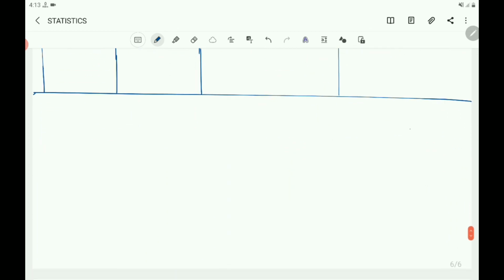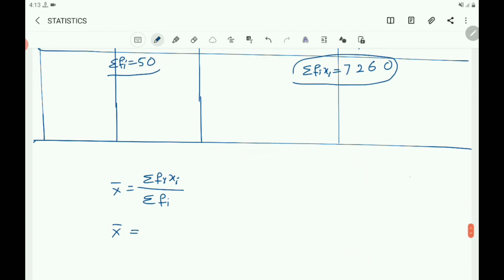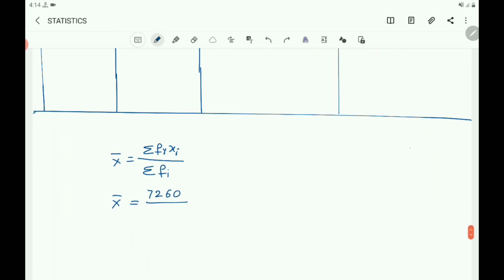Then you write the formula for mean: x bar equals summation of Fi Xi by summation of Fi. That equals 7,260 divided by summation of Fi, which is 50, the total number of workers.